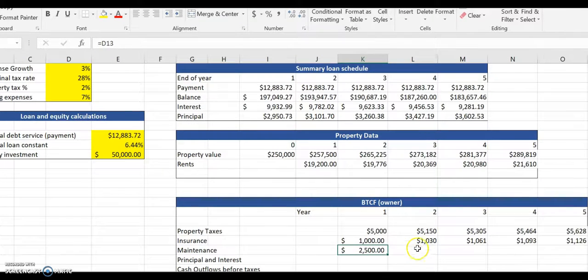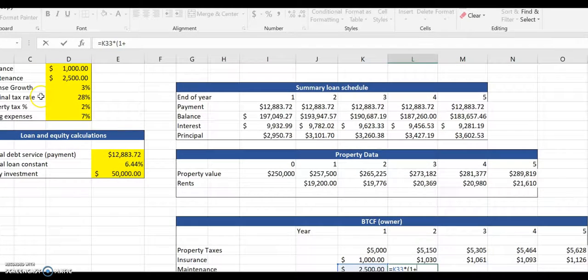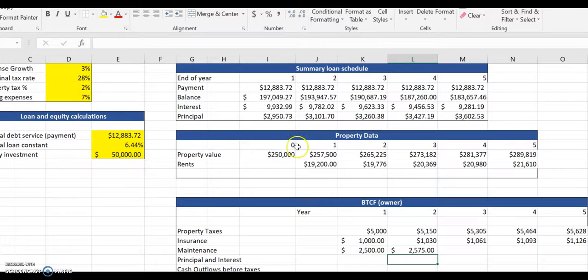Now for our year 2, we'll do just like we did for the insurance, and we will say it is equal to this times 1 plus our expense growth rate. Enter that. Lock these down.